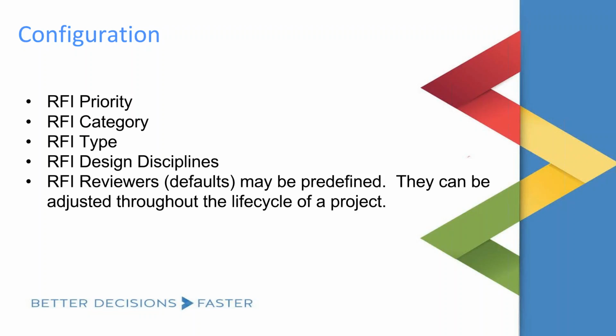So we will take a look at RFI priority, RFI category, RFI type, RFI design discipline, and setting up the RFI default reviewers. And you can always come back and update the RFI reviewers throughout the project.